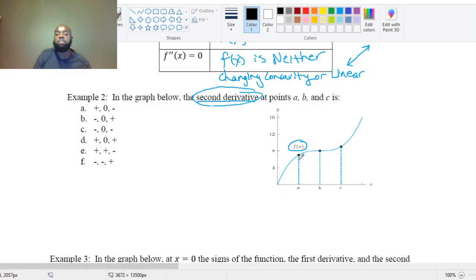So at point A, my graph is concave down. At C, my graph is concave up, and it is at point B where it looks like it's neither. So when your graph is concave down, your second derivative is negative. When it's neither, your second derivative is 0. And when it's concave up, your second derivative is positive. And so I should look for negative, 0, positive. That would be answer choice B.